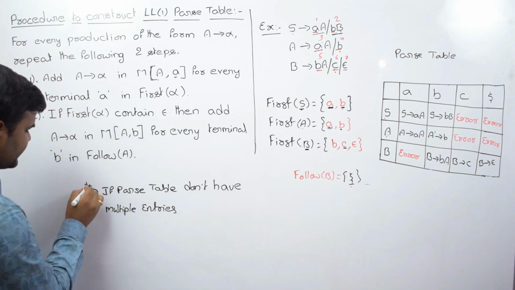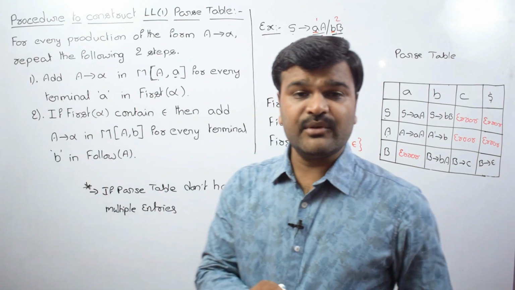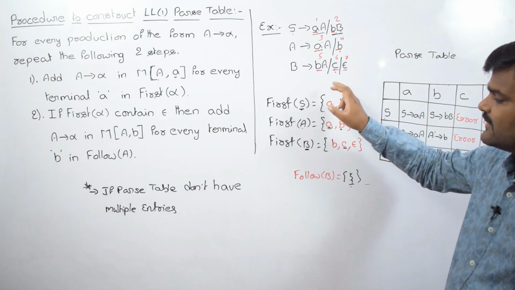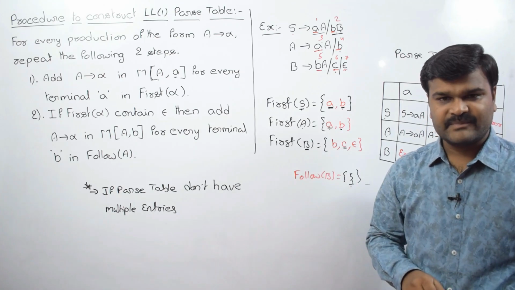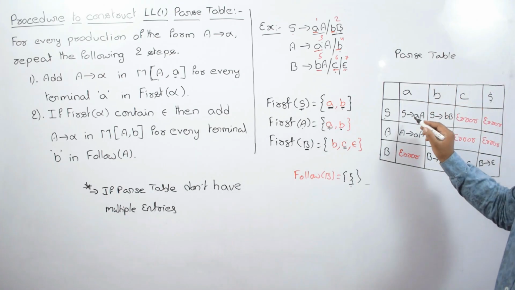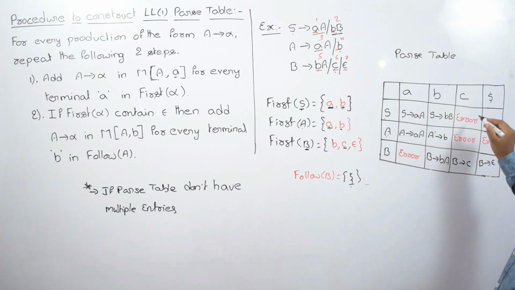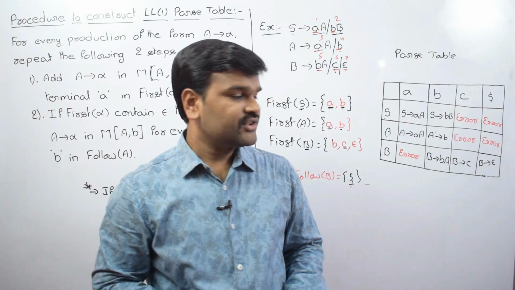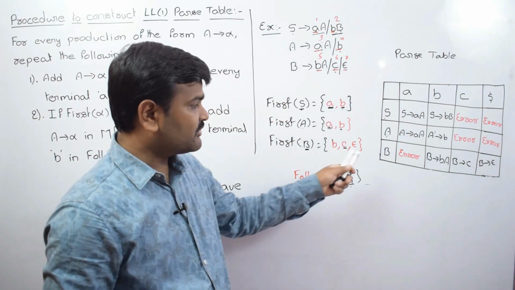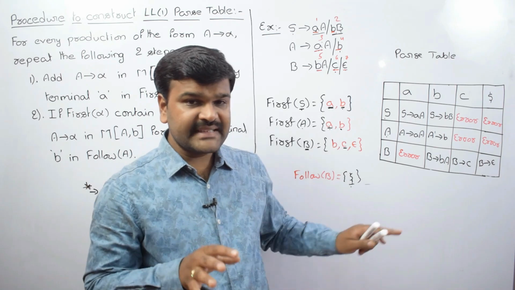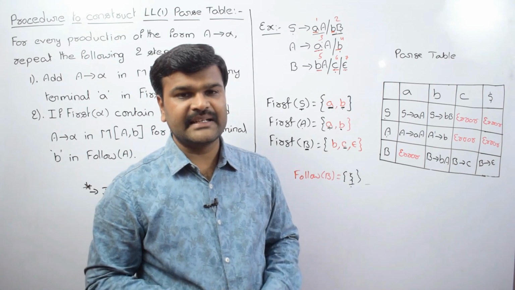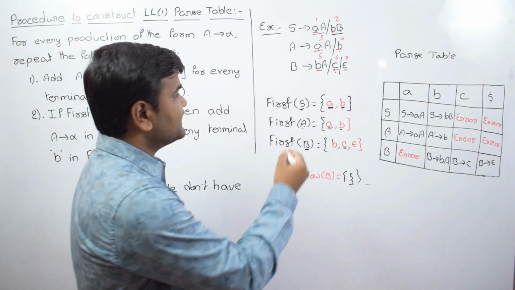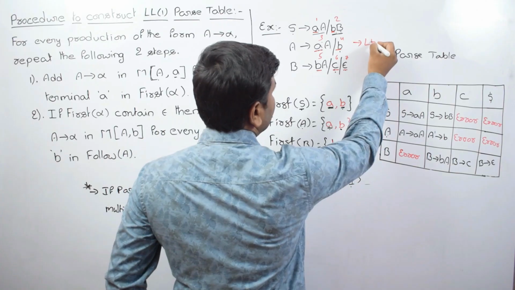If the table doesn't have any multiple entries, then the given grammar becomes LL1. Every cell has only one entry, that means only one production. In this parse table we don't have any multiple entries, so since it doesn't, this given grammar is LL1.